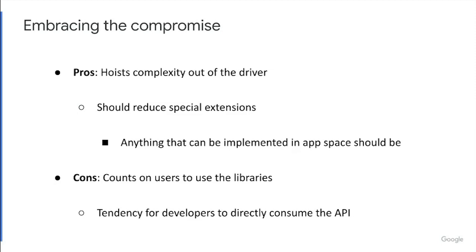But then this counts on users to use the libraries. And there's a tendency for developers, especially game developers, to want to directly consume what they think of as the API that they're consuming and write all of their own abstractions. And going back to the volume of code that is in a graphics driver, you're sort of fooling yourself if you think, well, I'm going to be as close to the API as possible for whatever my reasons are, whether it's performance or I want to be in control.